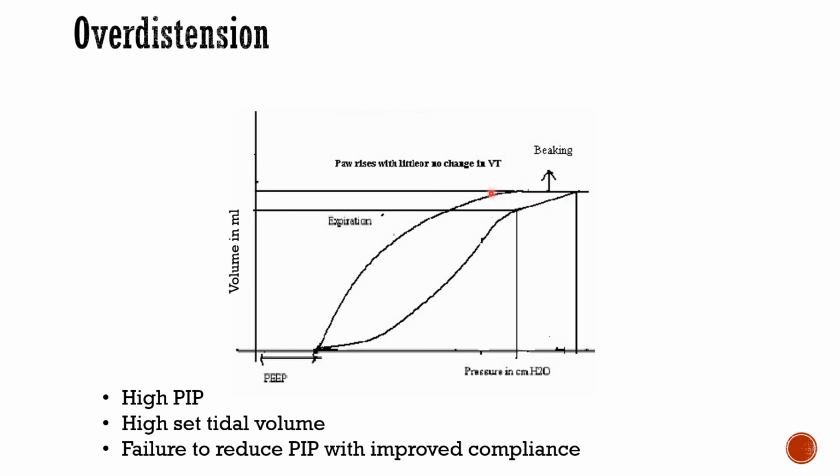Now this is typically due to high peak inflation pressure in volume targeted ventilation. This is due to a high set tidal volume, or could be due to a failure to reduce our peak inflation pressures with improved lung compliance when we are using conventional pressure controlled ventilation.